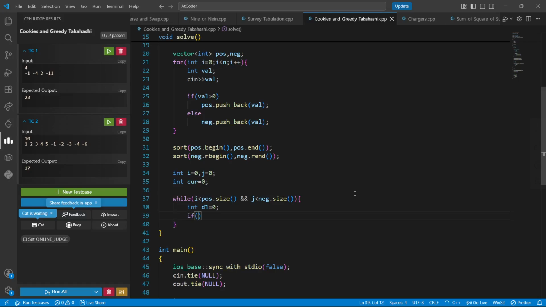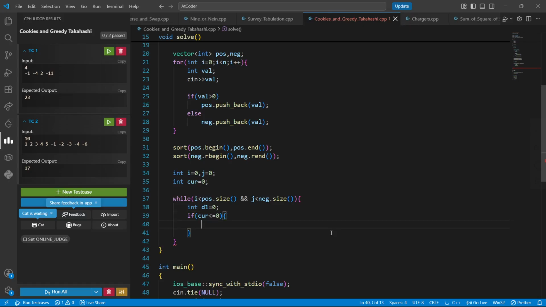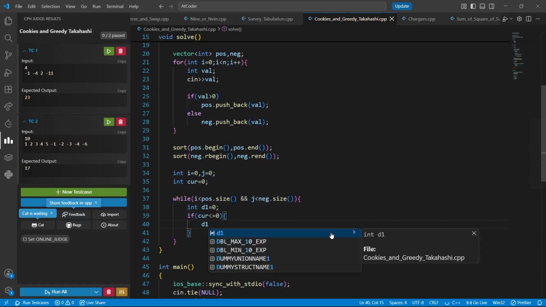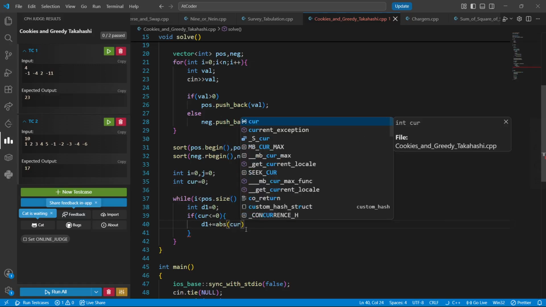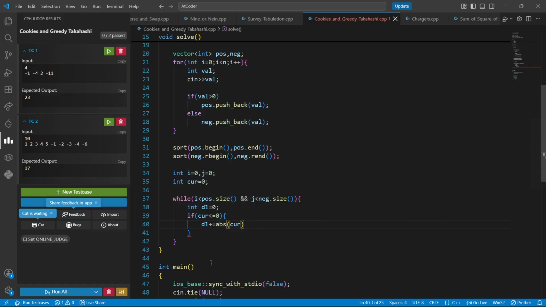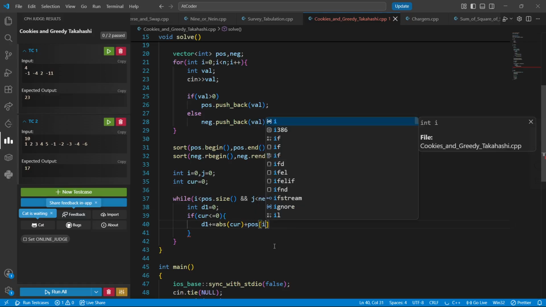Since we are calculating the positive distance, we'll have to check if this current is less than or equal to 0. So what we'll have to do is add the absolute value of this current, which means Takahashi moves from the minus current position to the 0 position, and then to positive of i.